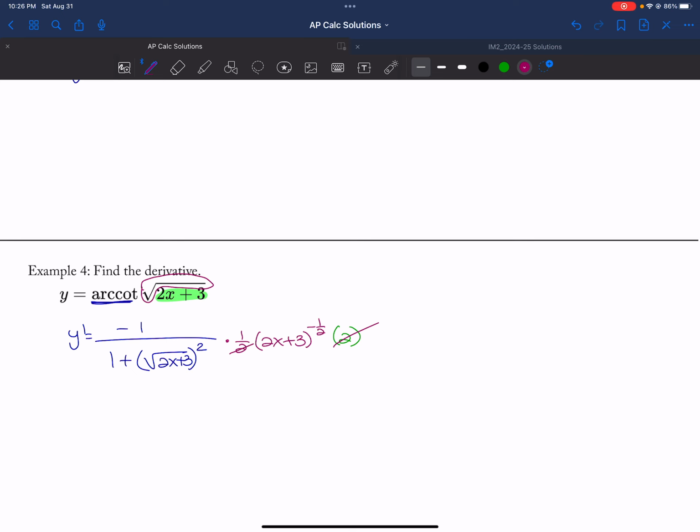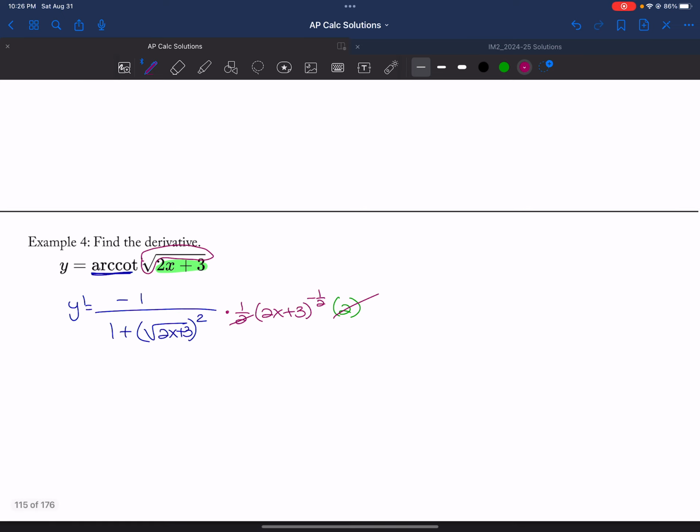And now lots of things cancel out. The 2's cancel out. So now I'm left with y prime is negative 1 over 1 plus 2x plus 3, because that square and that square root cancel each other out. And then I'm left with also a root of 2x plus 3 in the denominator because of that negative exponent.